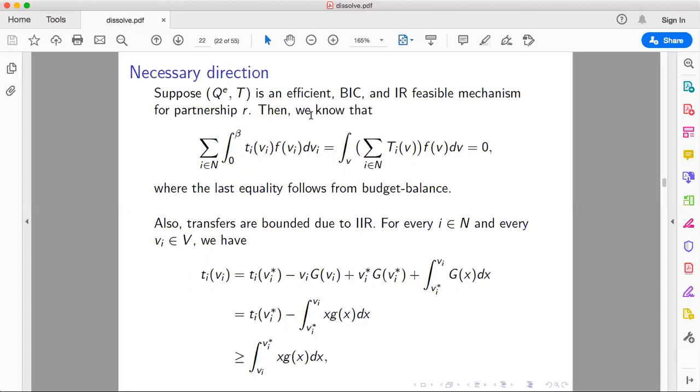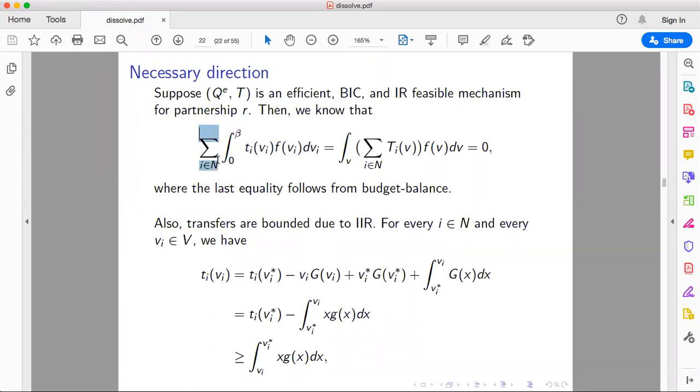Then we know that because it's a budget balance mechanism, the total payment collected at every type profile is equal to 0. So the expected payment collected from all the agents across all the profiles must also be equal to 0. That's what this is doing. This is the expected payment of agent I in the mechanism.